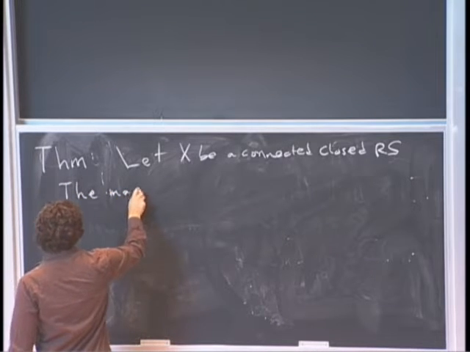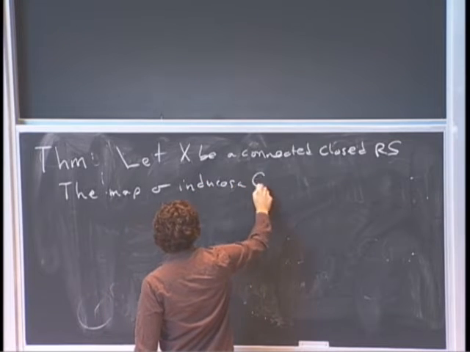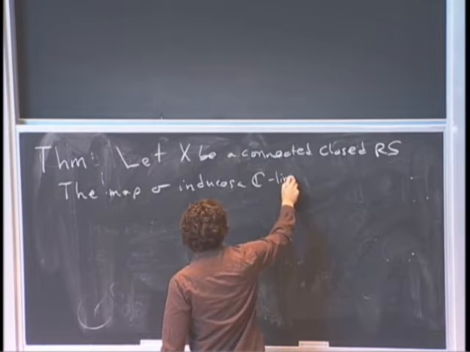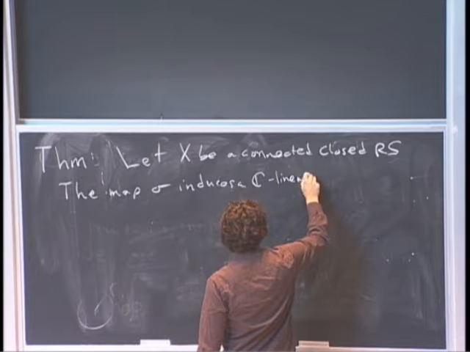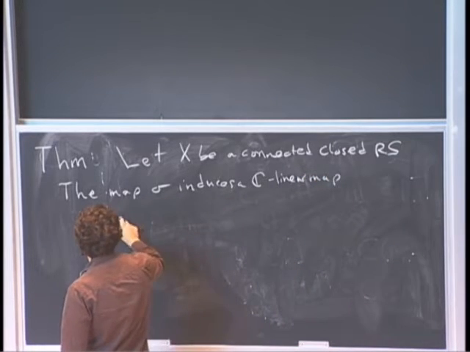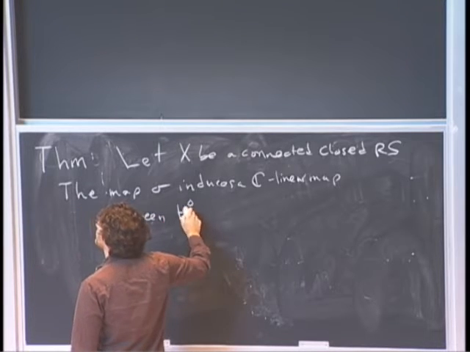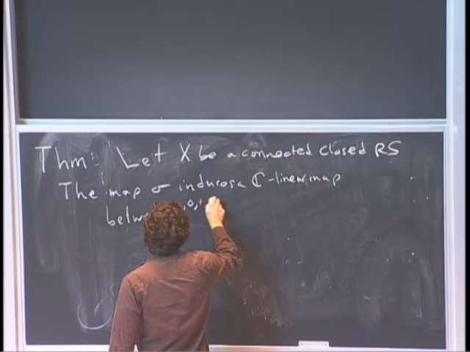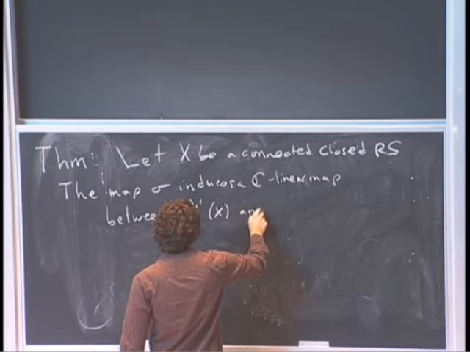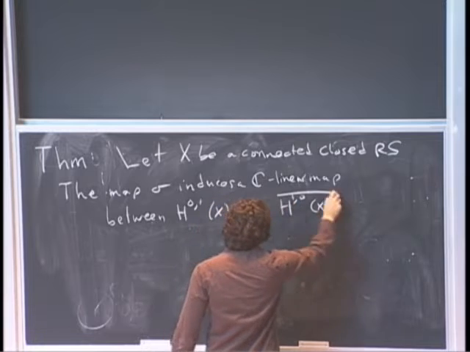So the map sigma induces a C-linear map between H01 of X and H10 of X with a bar.